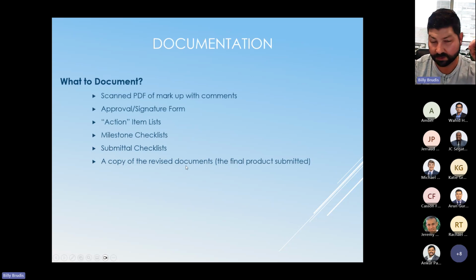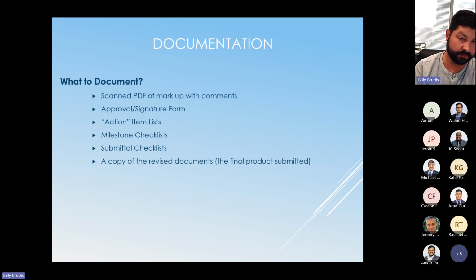What do we want to document? Scan PDFs or markups or Bluebeam comments, the approval signature form that we talked about. I'm going to go over to this action item list shortly. That's very important. Your milestone checklist, your submittal checklist, and then a copy of the actual submittal. After we made the corrections and markups were addressed, we have a final product that's being submitted.